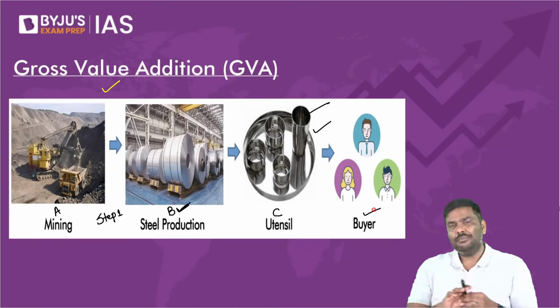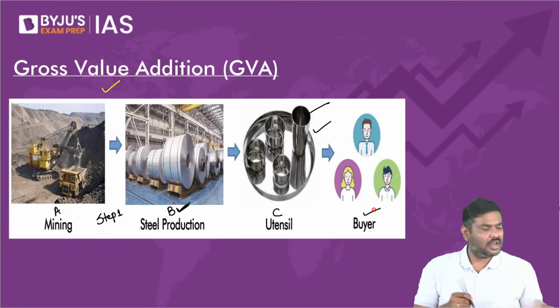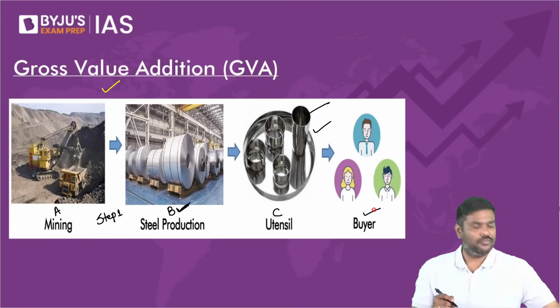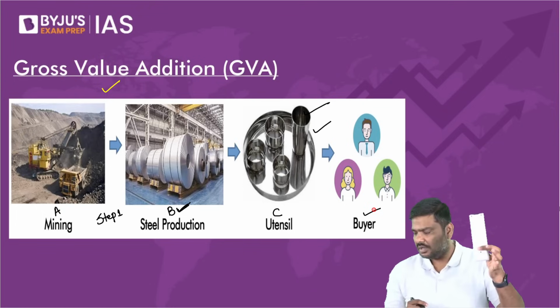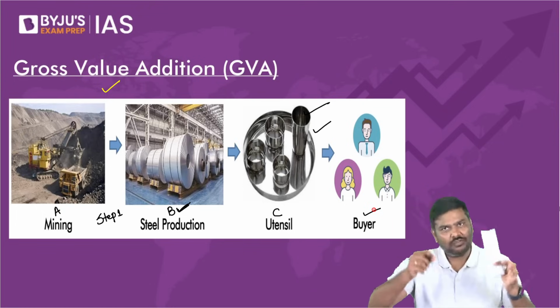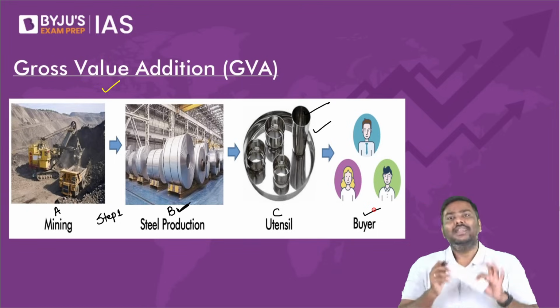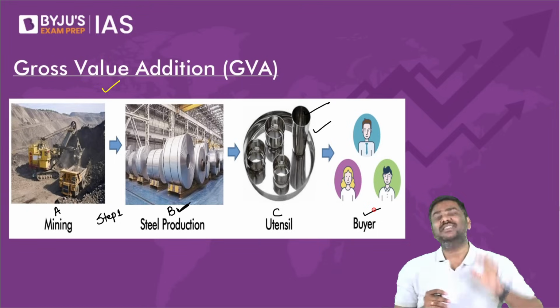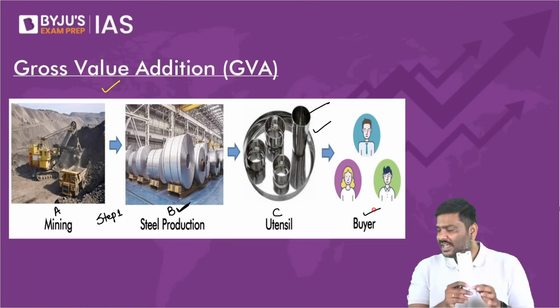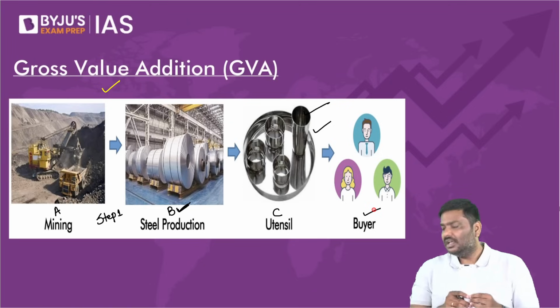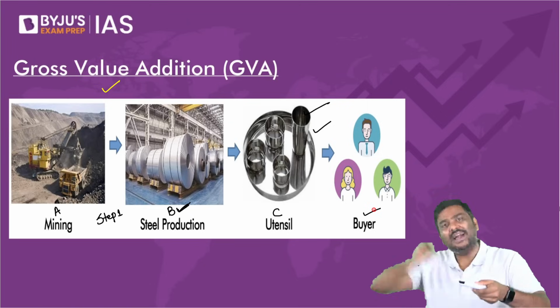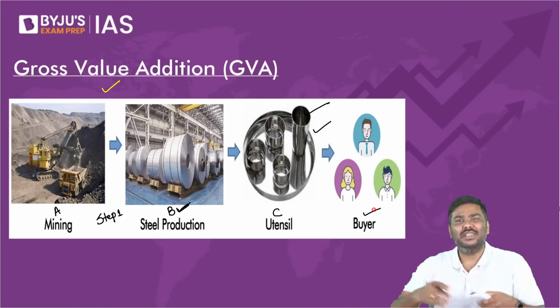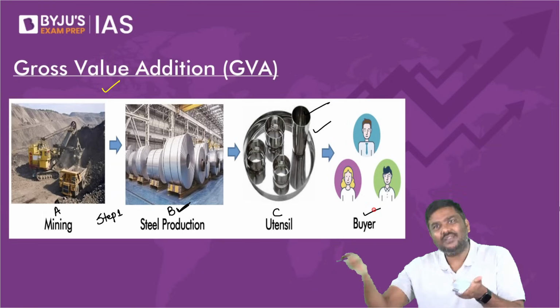Simple idea. For example, imagine you're a manufacturer of a mobile phone, or let's say this remote control. To manufacture a remote control, you will purchase plastic, process the plastic, and sell it in the market.